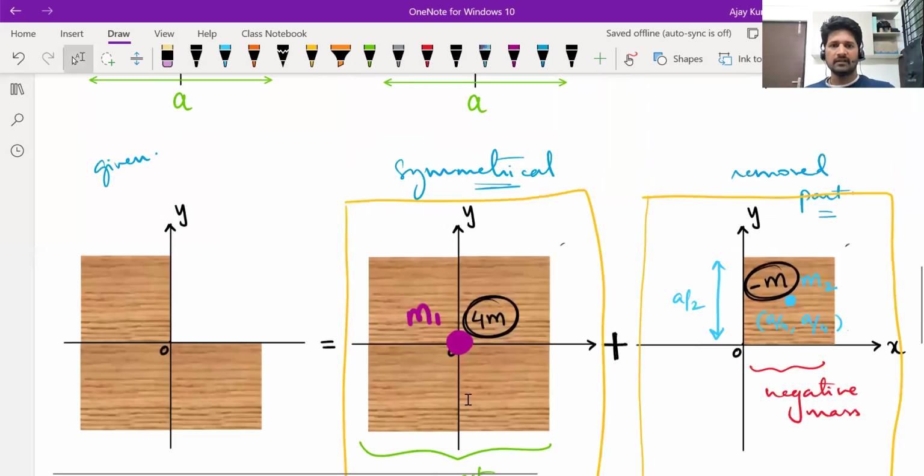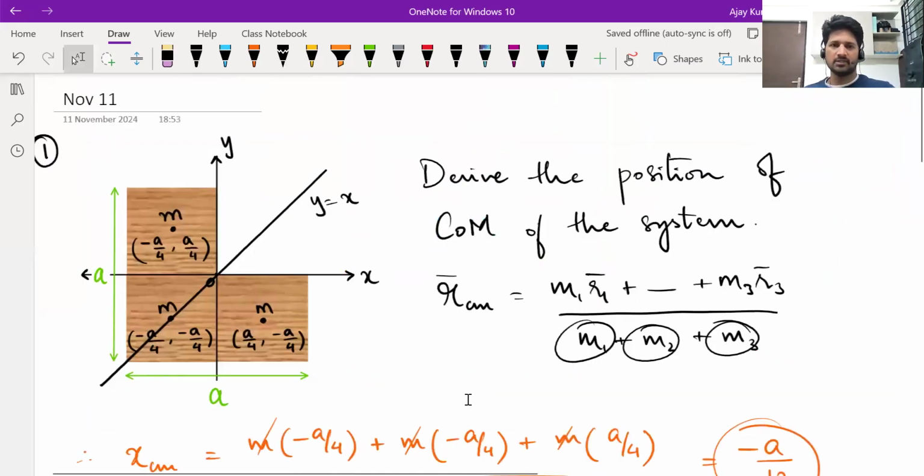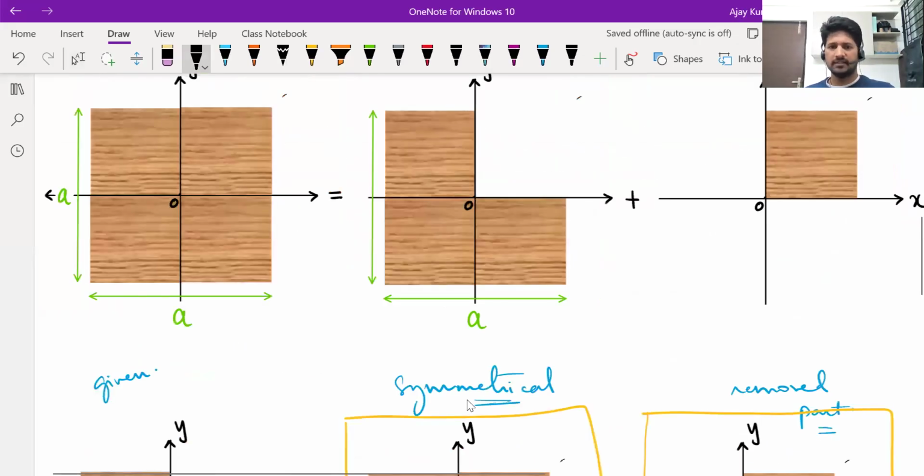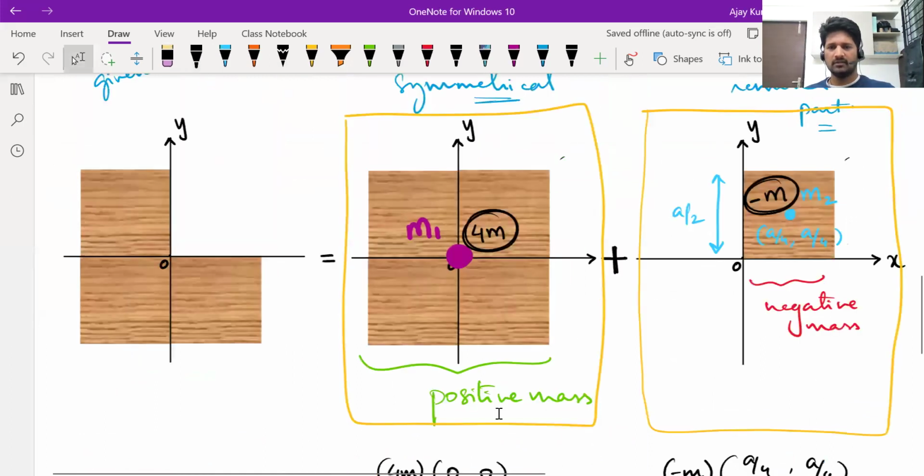When we treated the full square as a combination of three small squares and solved it easily, we got x coordinate of center of mass as minus A by 12. Even if you treat it this way, you will get the same. So basically the idea is that from a symmetrical mass distribution, if some part is missing, you can treat it as a combination of the full symmetrical system and the missing part, which has negative mass.